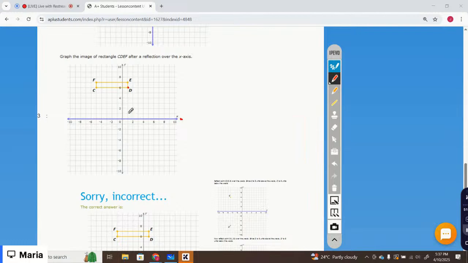The coordinates of D are 1 and 6, right? So here is D dash, and then 6 and -5.